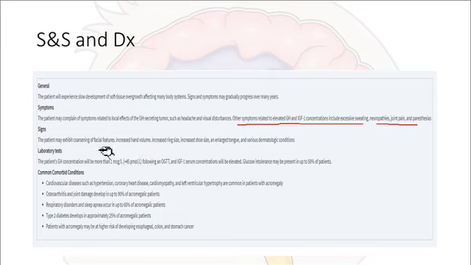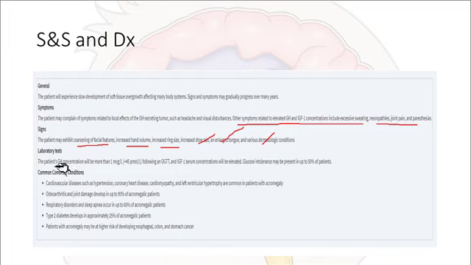The patient may have coarsening of facial features, including increased hand volume, right? Increased ring size, increased shoe size, enlarged tongue, and various dermatological changes.